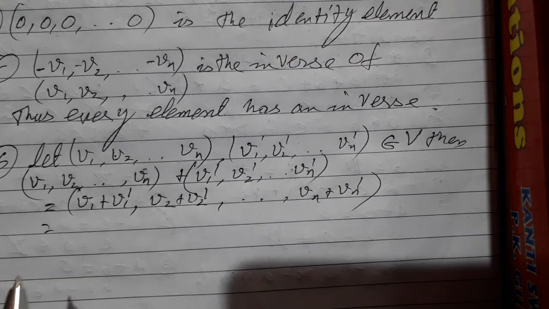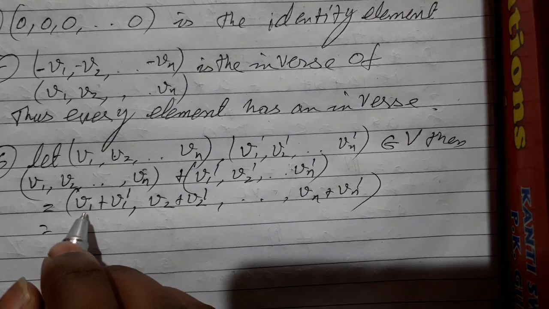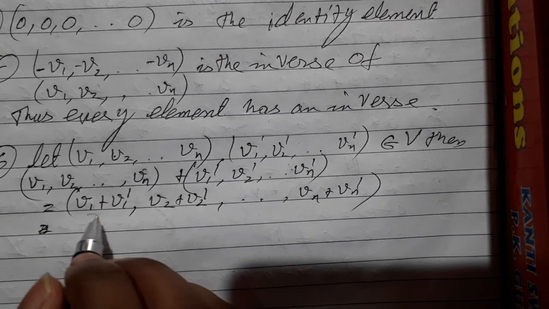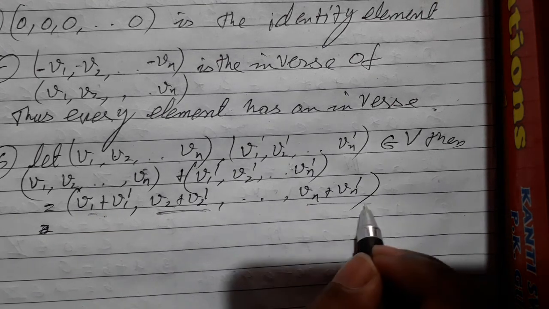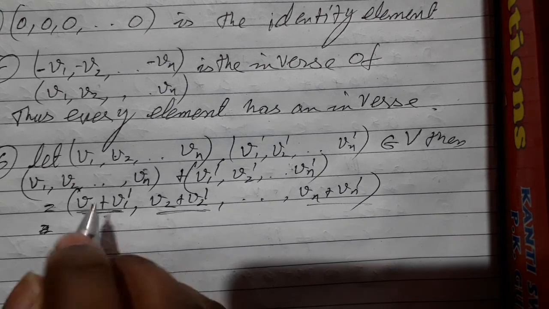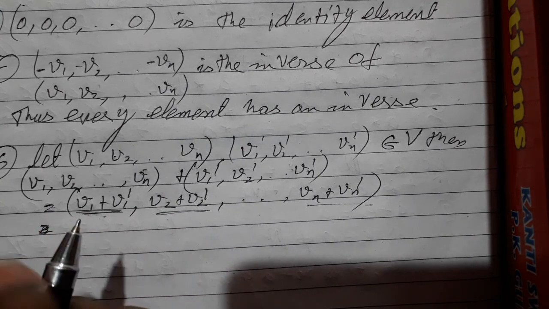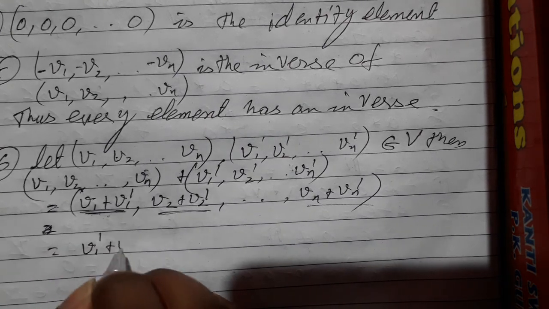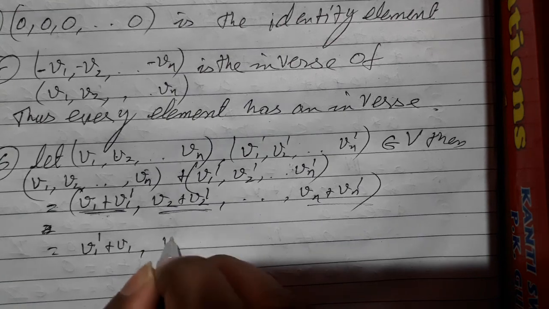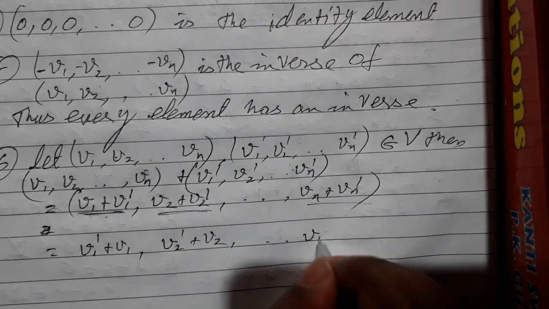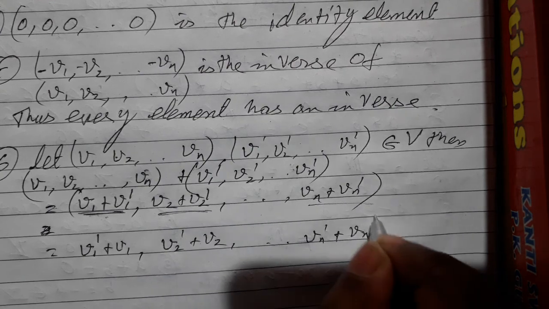Each of these elements belongs to F. Since these elements belong to F, addition of elements in the field will always be commutative. So we can write v1 dash plus v1, v2 dash plus v2, and vn dash plus vn.